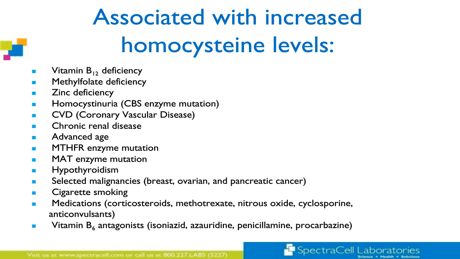We know that B12 and folate are very significant for managing homocysteine, but I'd also like to mention zinc and magnesium, and we'll know why as we look at some of the biochemistry later on. If we go down this list, there are enzymes that have to be working in the methionine pathway in order for homocysteine to recirculate and to be metabolized.